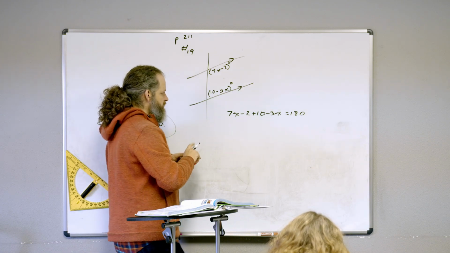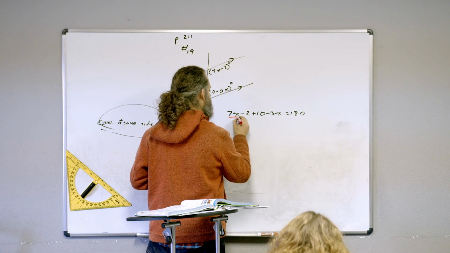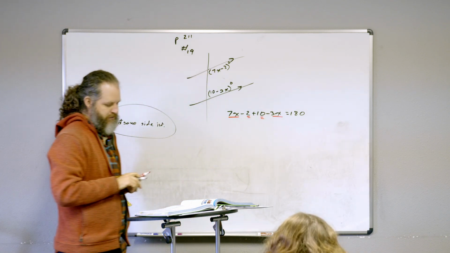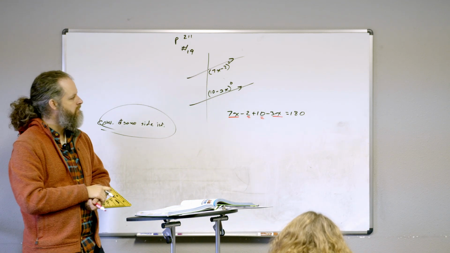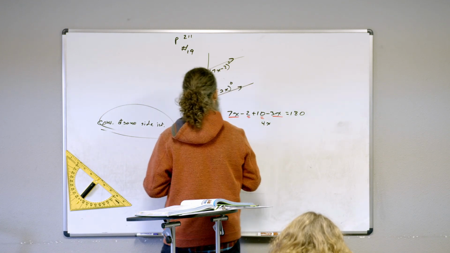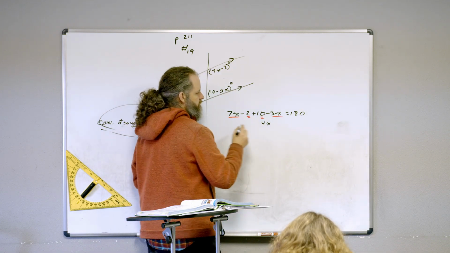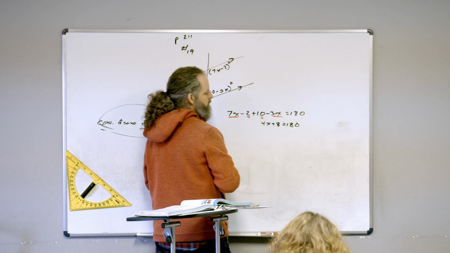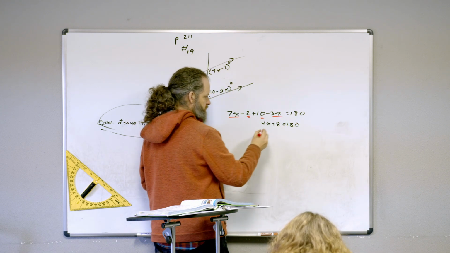Combine like terms. Looks good. What's 7x minus 3x? 4x. And negative 2 plus 10? 8. Now what? Subtract 8.